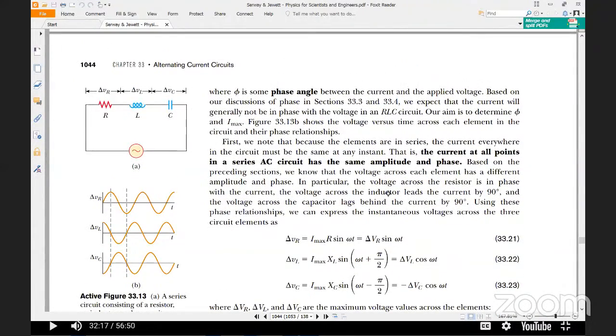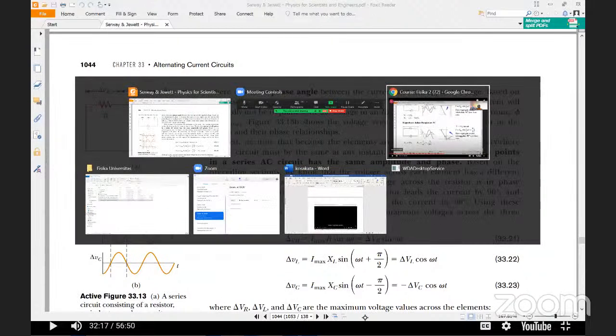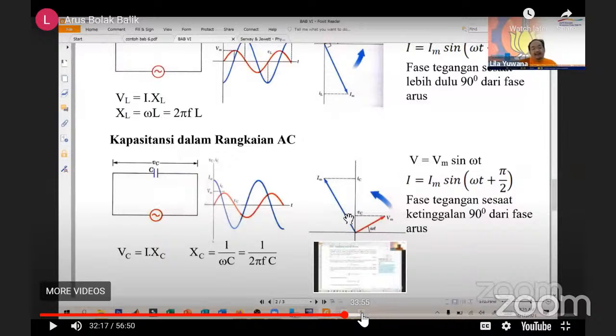Before we move to the next topic, we should learn about the effective voltage and effective current.